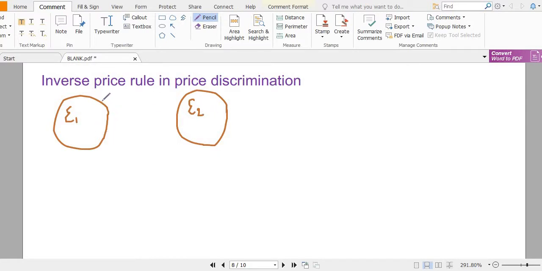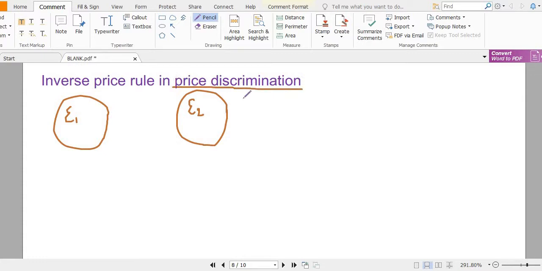So I am a monopolist and somehow I am aware of the fact that the price elasticity is E1 in this group and E2 in this group, and I would like to quote unquote exploit them, not exactly exploit because it's profit maximization in the moral sense, but so as to bring out the maximum possible revenue from these two groups, and I would like to practice price discrimination.